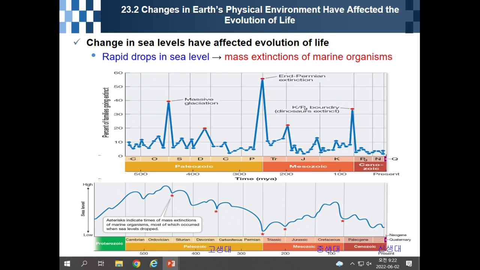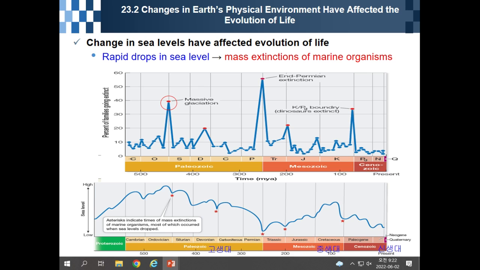Now, changes in sea level have also affected the evolution of life. For example, in the Paleozoic, the O period is recorded as the Ordovician. At the end of the Ordovician, there was massive glaciation, 빙하기.